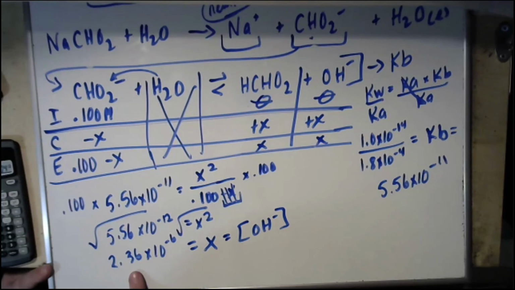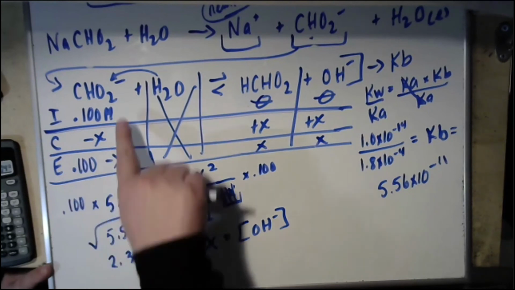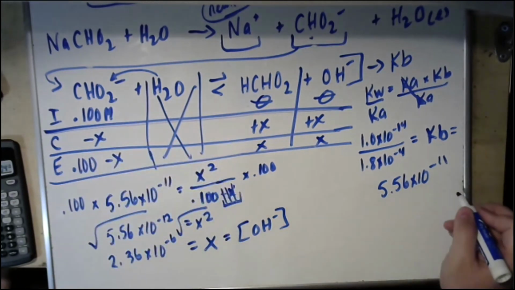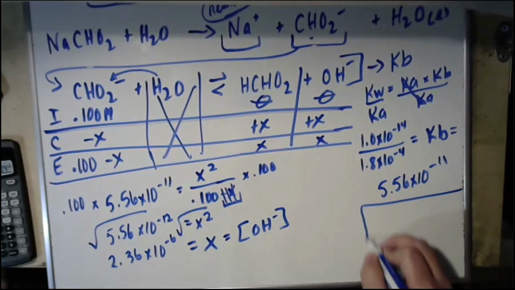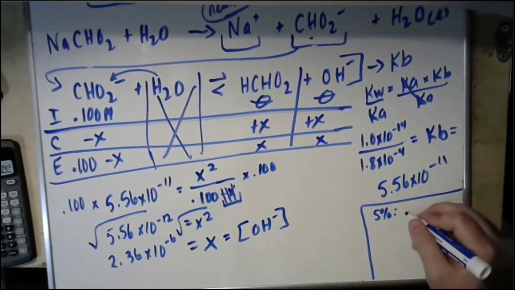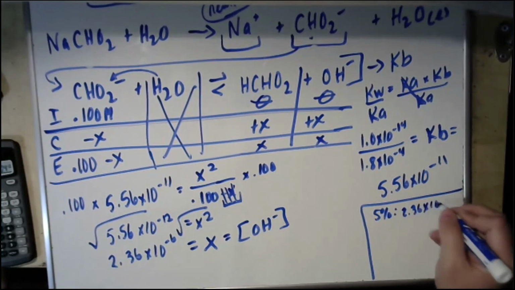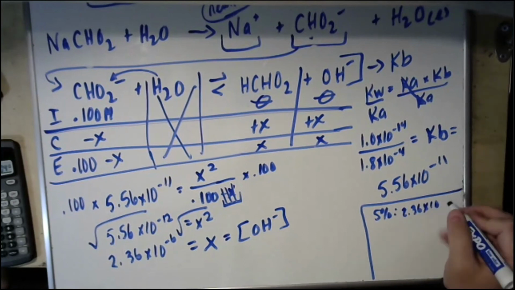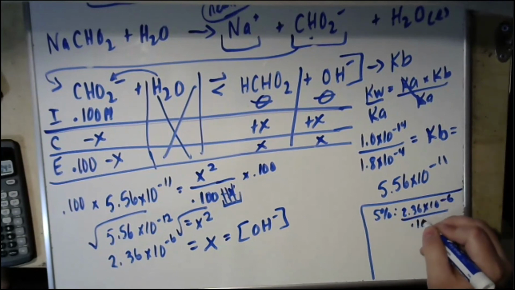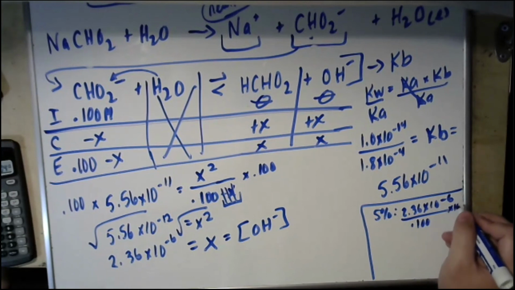Again, once I solve for this value, I'm just going to divide it real quick by my initial amount. I'll write it over here so that it's separate, so I'm not messing around with that. So we'll do our little 5% check over here. 2.36 times 10 to the negative 6 divided by 0.1 times 100.